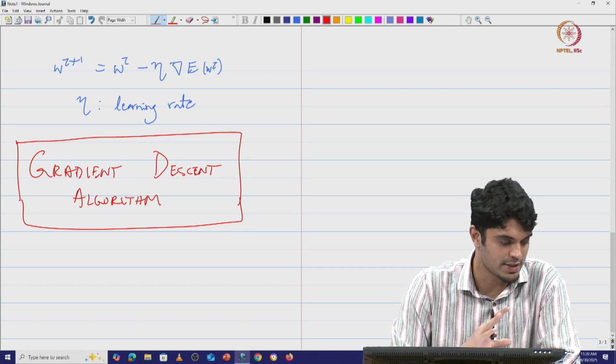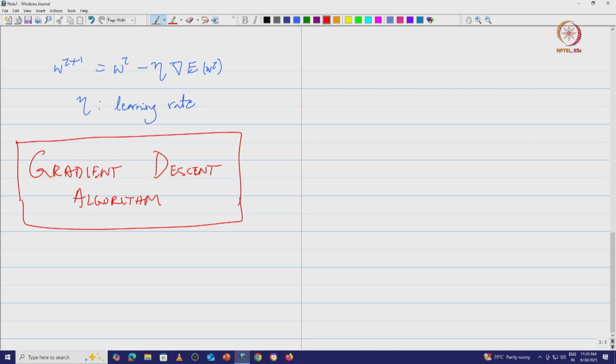So let me just summarize what we have discussed so far in this entire lecture today. We saw that the learning in machine learning algorithms actually corresponds to minimizing a cost function. We looked at what the cost function looks like and what its properties are. We isolated those properties that help us arrive at a computational algorithm to find a minima.